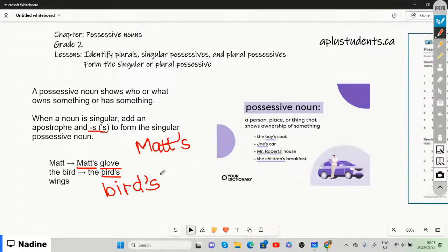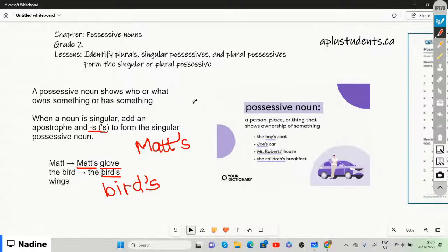So this basically shows either ownership or it shows what something has or what someone has, right? So a possessive noun shows who or what owns something or has something.